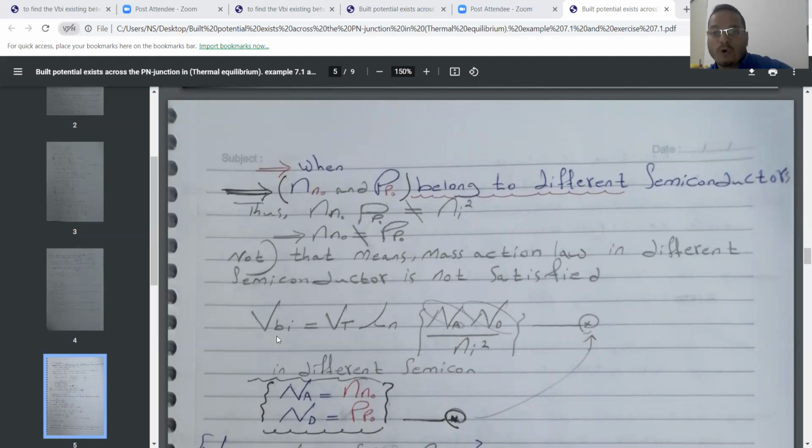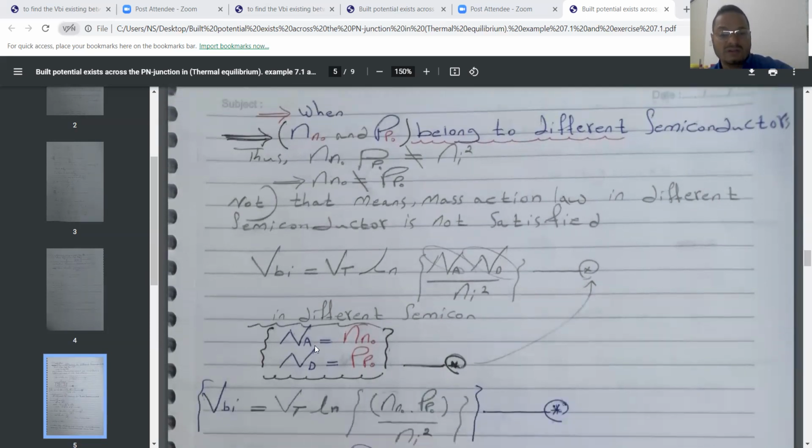What does that mean? Let's put this information into our V_bi equation. That equals V_T, the thermal voltage, ln of N_A N_D divided by n_i squared. What does that mean? In different semiconductors, the acceptor concentration here equals n_n0, the majority electrons at the n-type. But in the last lectures, the acceptor concentration was equal to p, the majority hole concentration at the p-type.